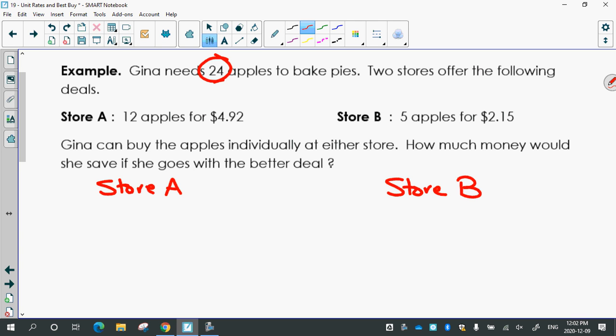Okay? And then it also wants to know how much you would save. So very similar. So we've got dollars over apples. And then we're going to do the same thing for store B, dollars over apples.